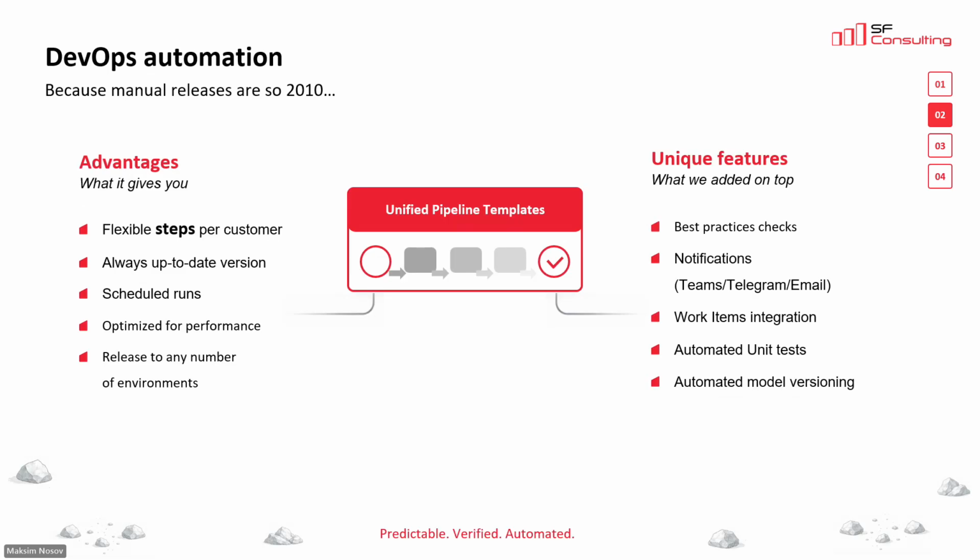The cornerstone of our automation and the foundation of this stability for us are our pipeline templates. Those are a set of scripts that automate all code-related actions. From the moment the change is committed to the repository until it is deployed to the test environment, everything is automated and requires no manual intervention.